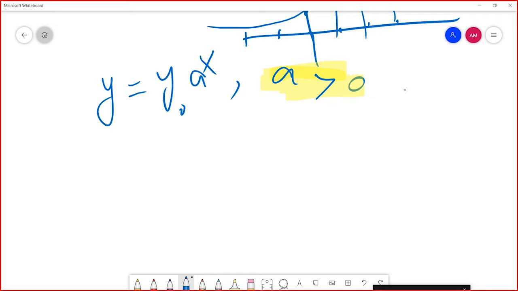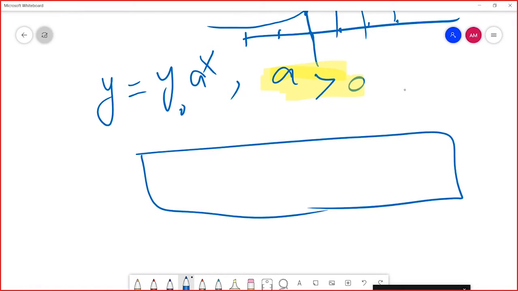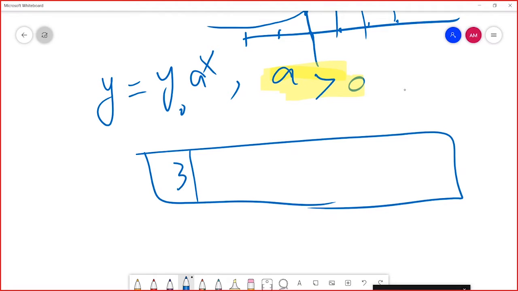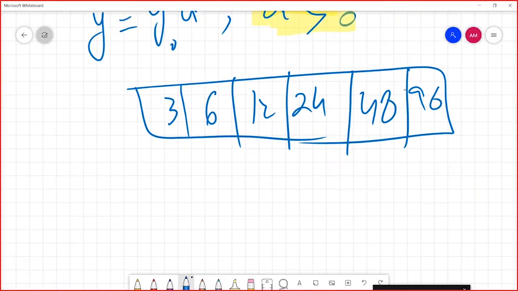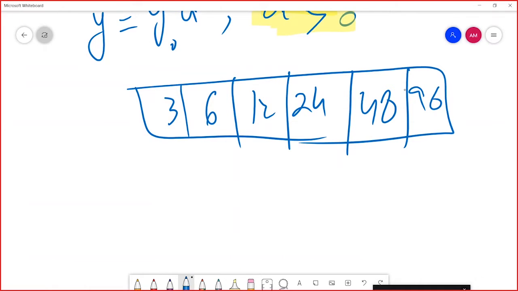Let's say we have an exponential function with values 3, 6, 12, 24, 48, and 96, right?